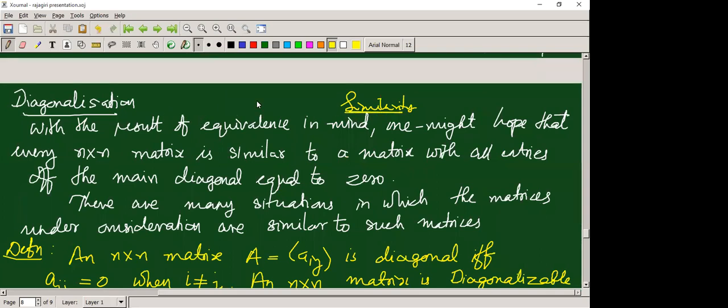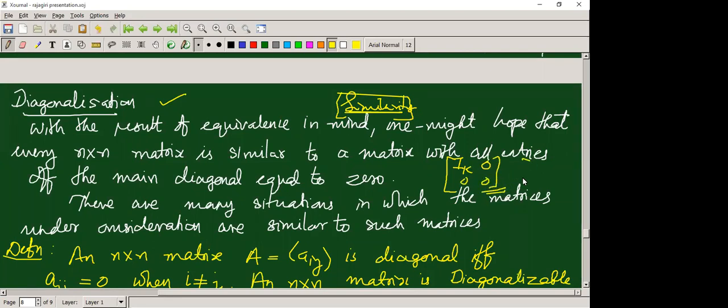So before characterizing similarity or determining the complete set of invariants, we are discussing diagonalization. With the result of equivalence in mind, one might hope that every n by n matrix is similar to a matrix with all off-diagonal entries equal to 0. We have seen that for the relation equivalence, any equivalence class is represented by matrices with ones in some main diagonal positions and all other entries 0.